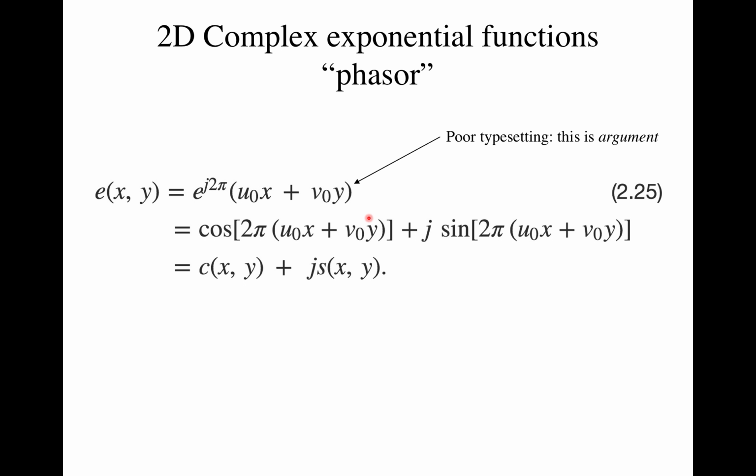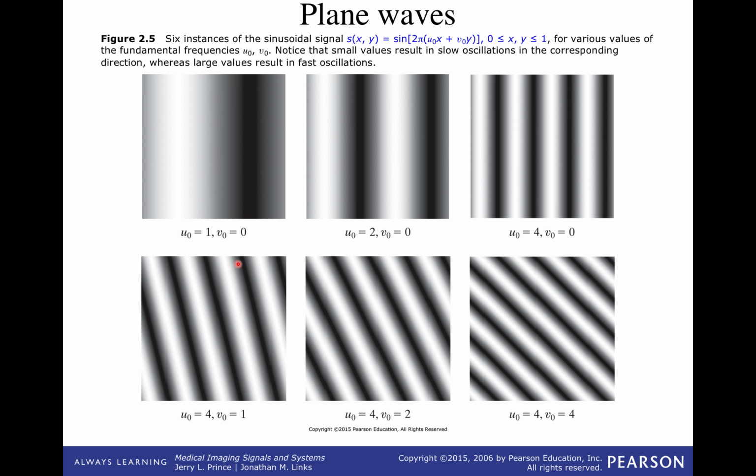And so that gives us a function that has oscillations along the real axis and oscillations along the imaginary axis. Okay? So let's take a look at some of those. So if this is the 2D plane, and I ask, well, what do the oscillations look like with this argument, the mu naught x and the mu naught y?